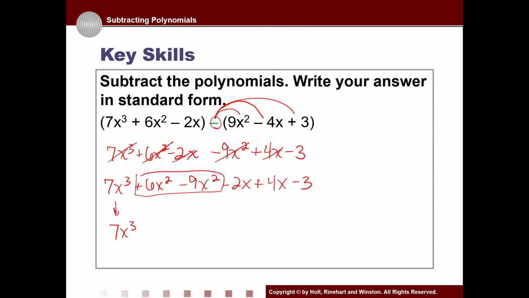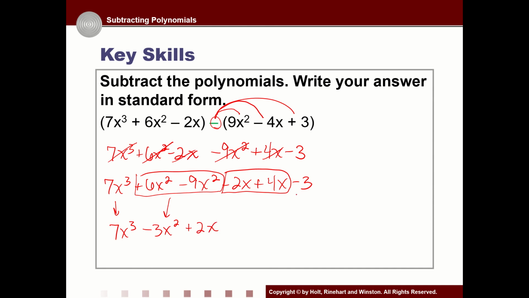Then I have my x squared terms. 6x squared minus 9x squared is negative 3x squared. Then I have negative 2x plus 4x is positive 2x. Negative 2 plus 4 is positive 2.